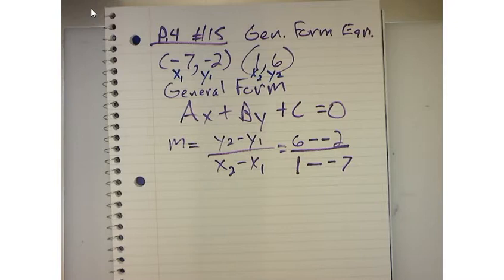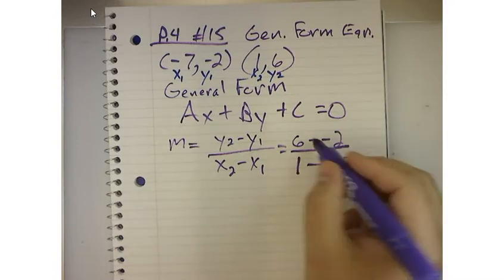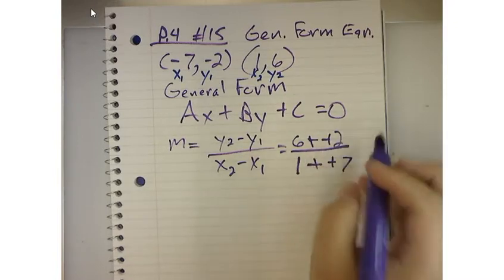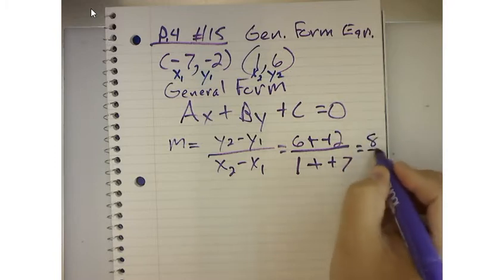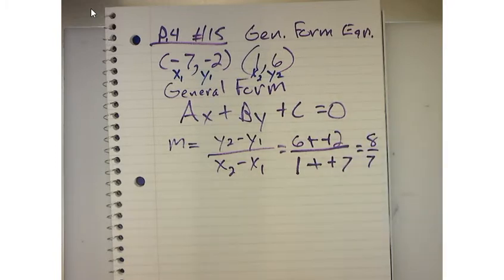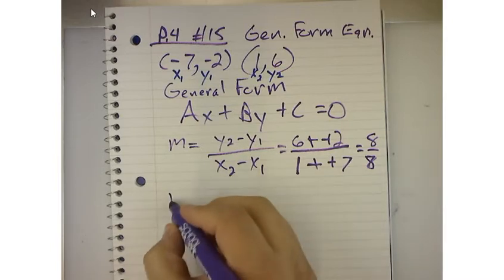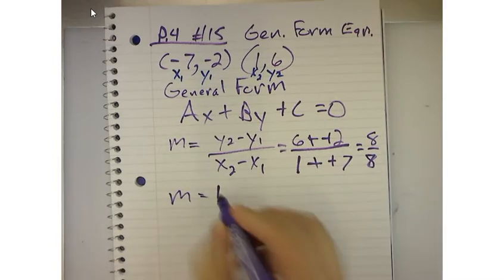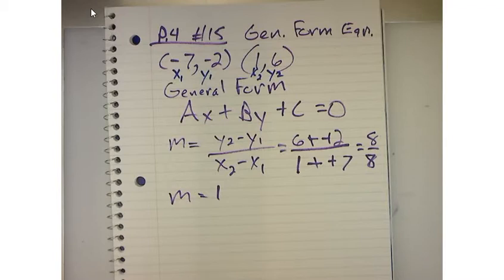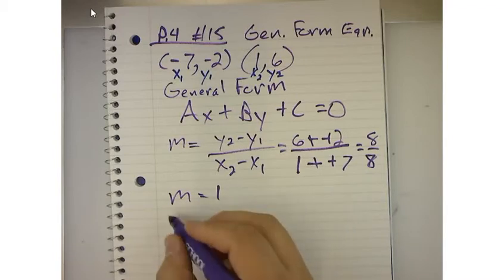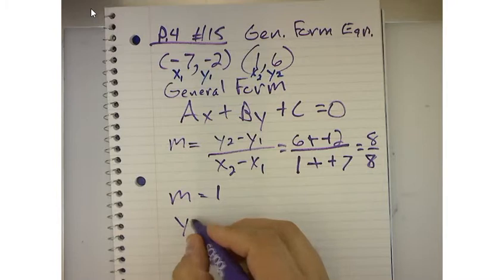So when we subtract negatives, we're really adding, and I get 8 over 7 is the slope. Okay? Is that right? Oh, it's 8 over 8. So 8 over 8 means that the slope is actually what? 1.